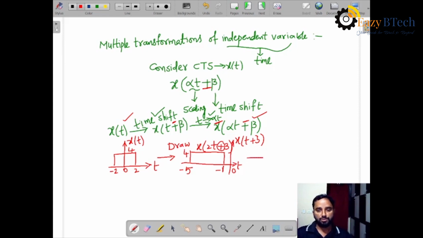Now we are going to do time scaling. What is the time scaling factor here? It is 2. Time scaling by factor 2, then we get the result x of 2t plus 3. Scaling factor 2 is more than 1, so the signal is compressed by factor 2.